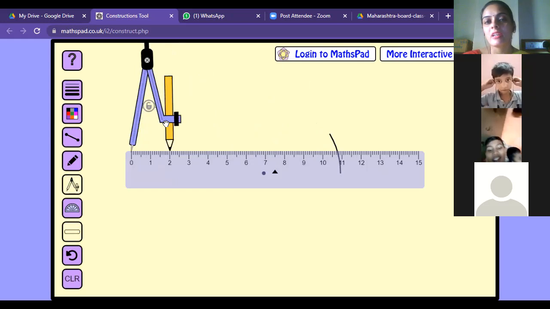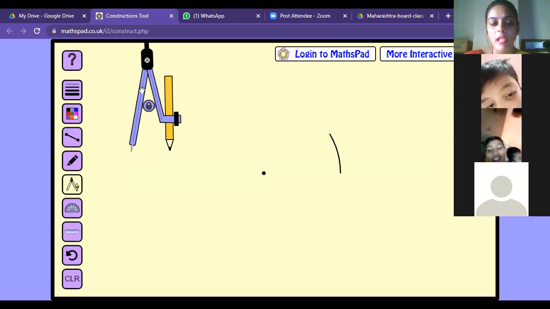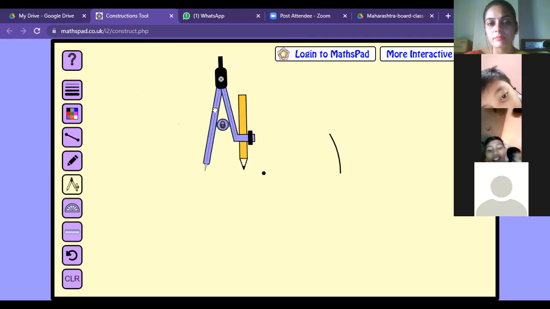Yes, Ali. Did you understand this? Yes, teacher. On a scale, first take your measurement in a compass. Okay. Then afterwards, what do you have to do? Then we have to draw the circle. So how are you able to do it now? We should not hold it at the bottom.